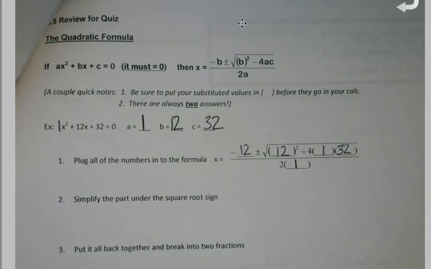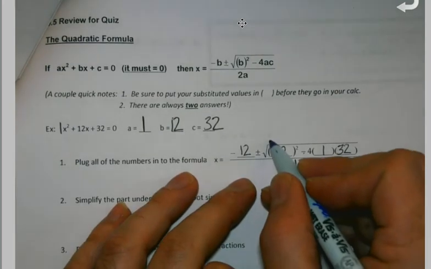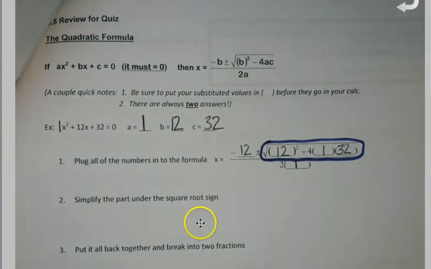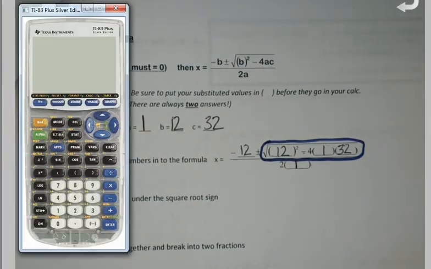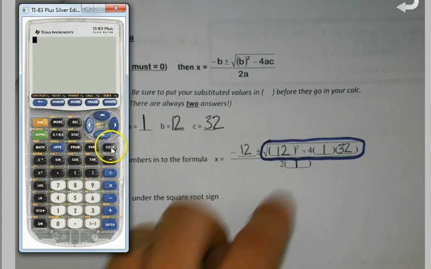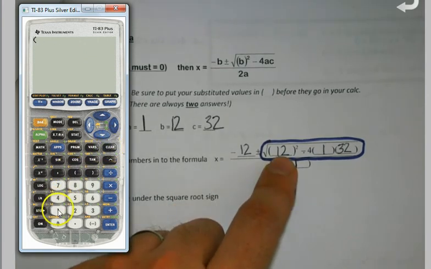So my first job is going to be to take care of this part. And just like we did in the last section, I don't want to use the square root right away because I tend to make mistakes with parentheses then. So I'm just going to do 12 squared minus 4 times 1 times 32.